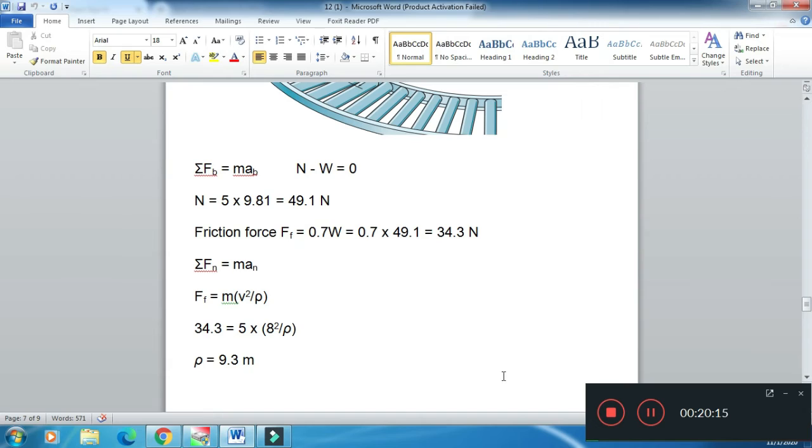So friction force is 34.3, mass is 5 kilograms, and velocity is 8. Solving this, we get a radius of curvature of 9.3.